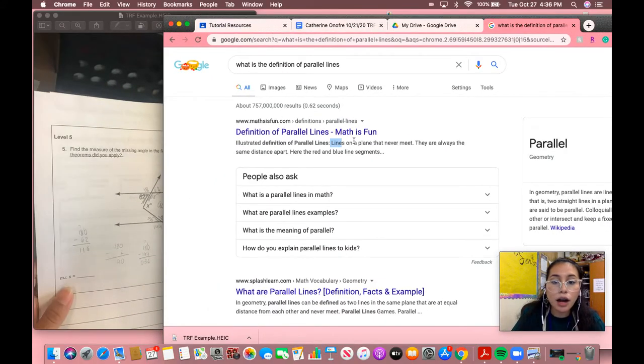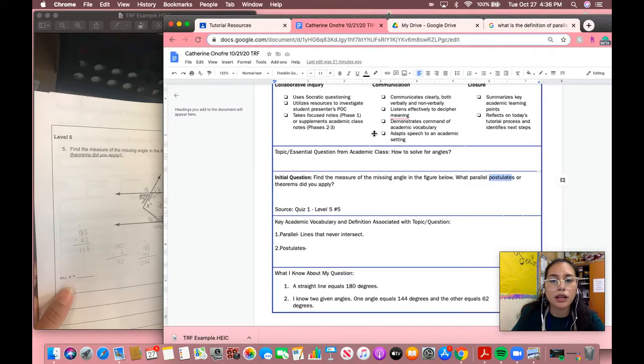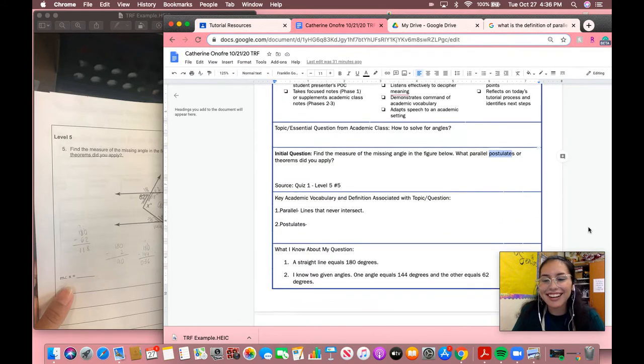So I can either copy and paste this, put it into my own words, or modify, which is basically paraphrasing. So that's what I did. Parallel means lines that never exist. I'm sorry, lines that never intersect. Sorry, it's the end of the day.